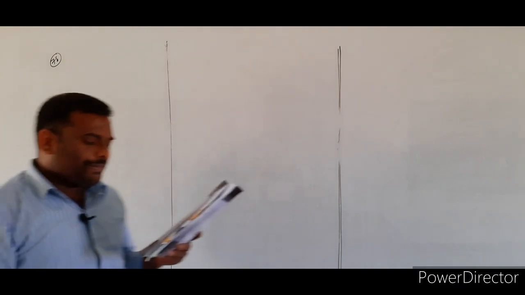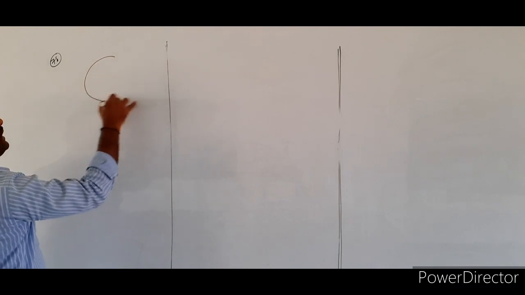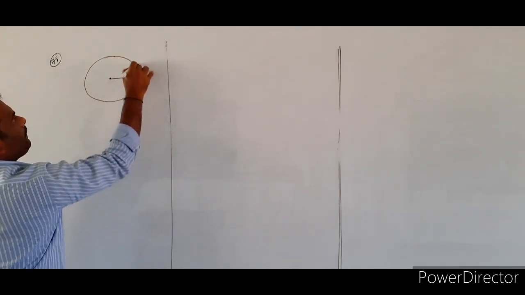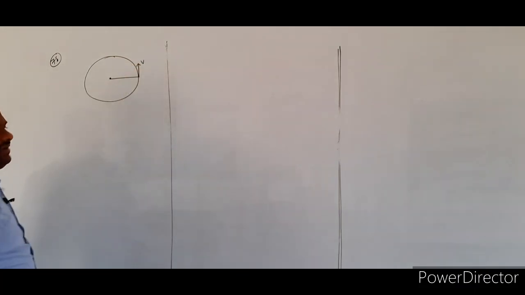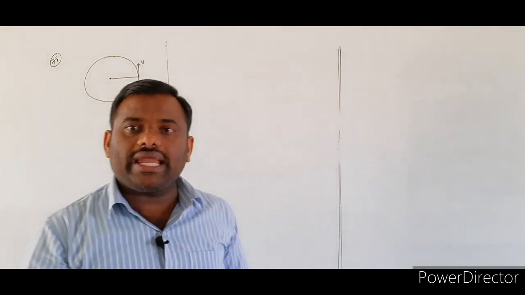78. A particle is moving along a circular path with a speed v, and it is increased by g in 1 second. So what they mentioned: a particle is traveling with a speed v, and its speed will increase at what rate?